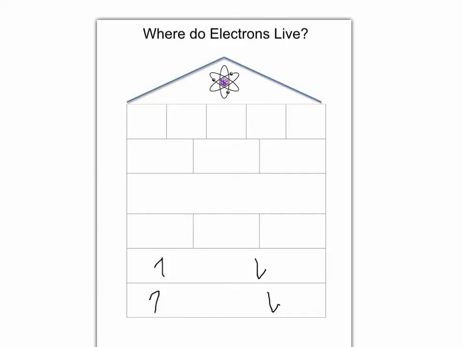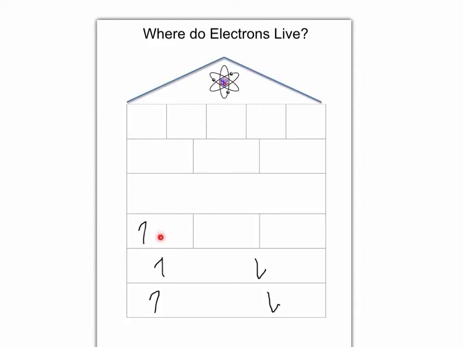If the next electron comes in, well, now the first 2 floors are filled, so it has to go to the 3rd floor. When it goes into this 3rd floor, it can pick from any of these 3 rooms. So there it goes. Now the question is, if another electron comes in, where is it going to go?